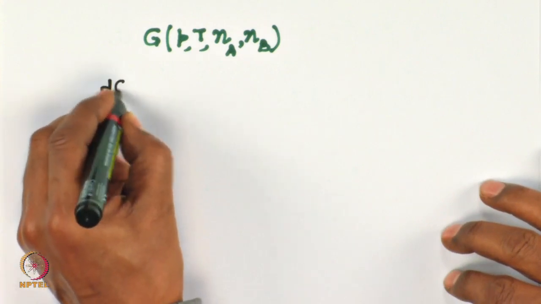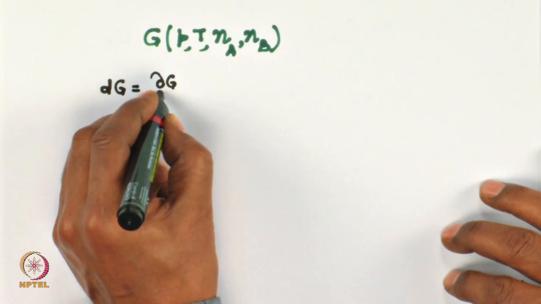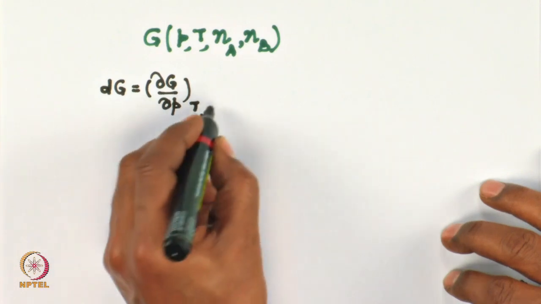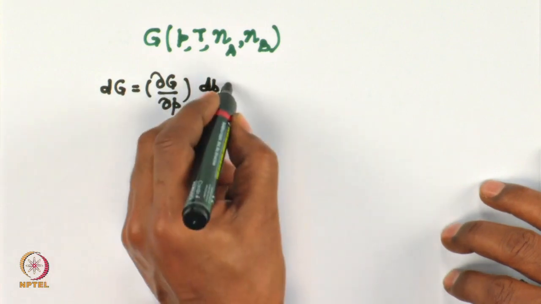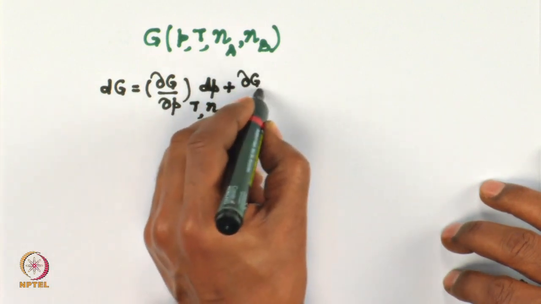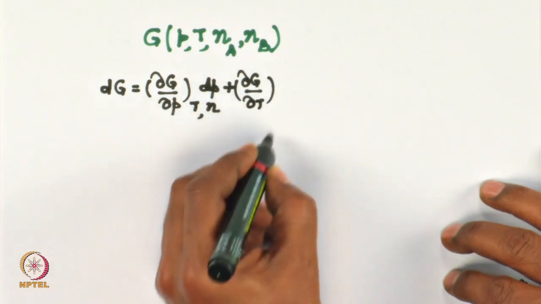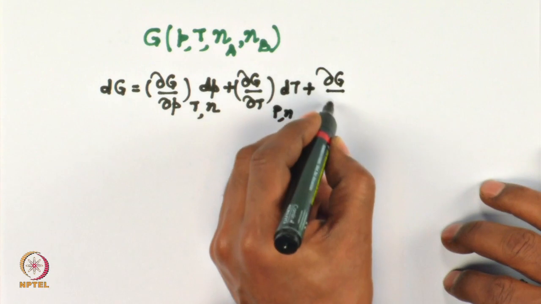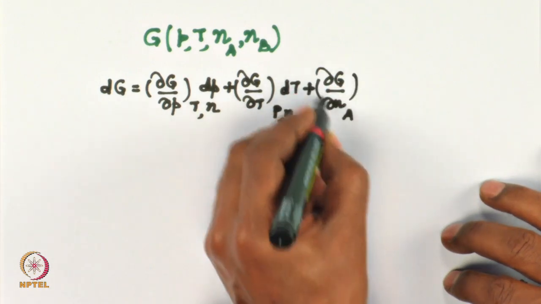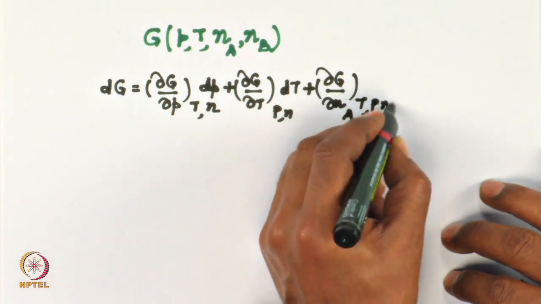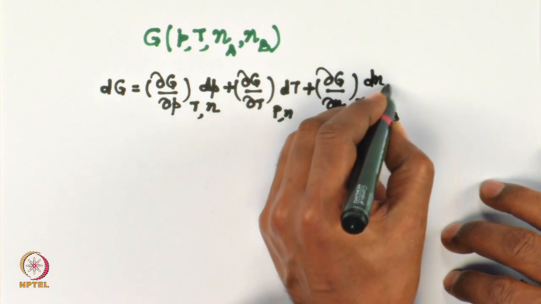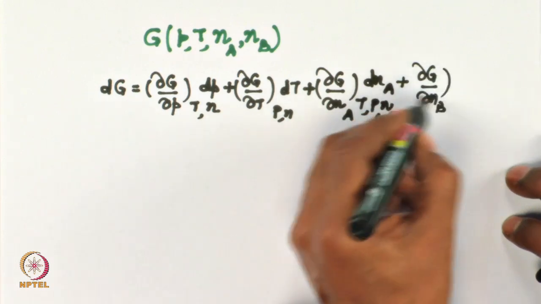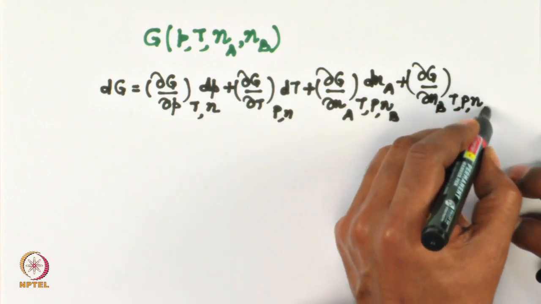Now, I can write dG is equal to dou G by dou P at constant temperature and N dP, plus dou G by dou T at constant pressure and N dT, plus dou G by dou Na at constant temperature, pressure and Nb dNa, plus dou G by dou Nb at constant temperature, pressure and Na dNb.